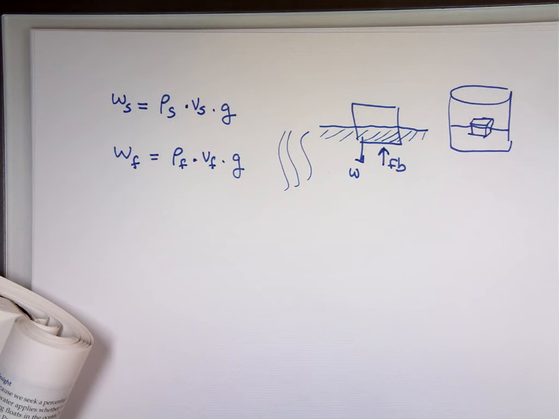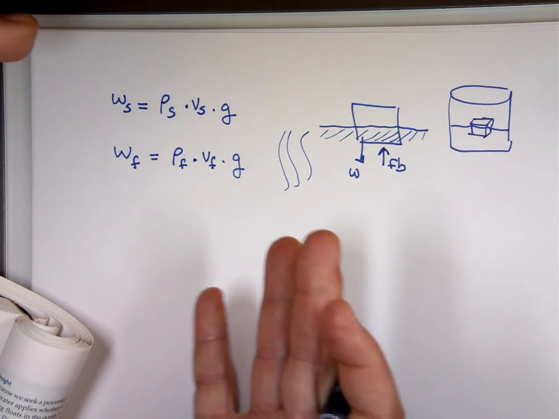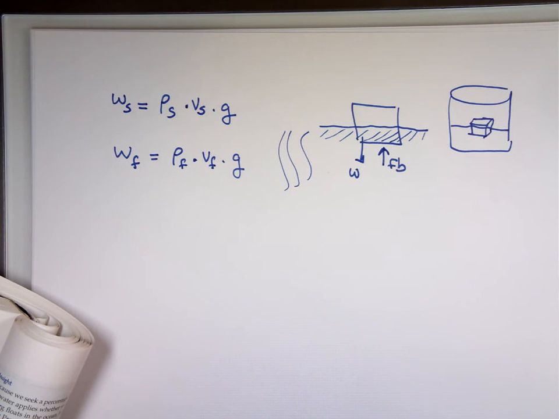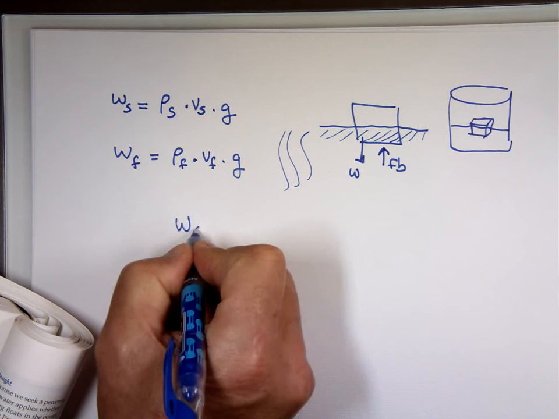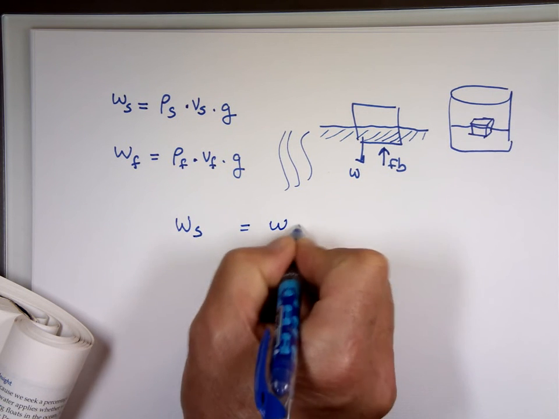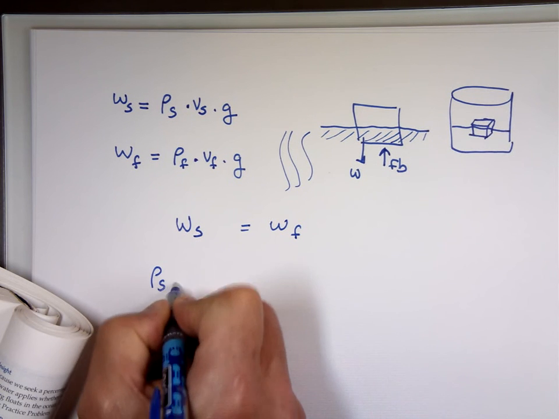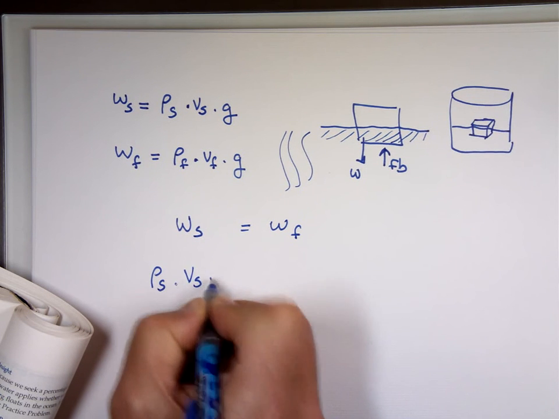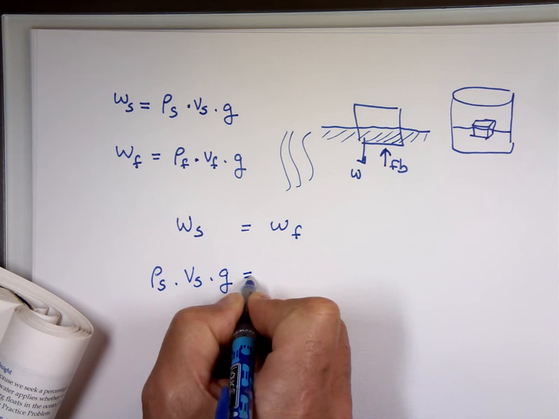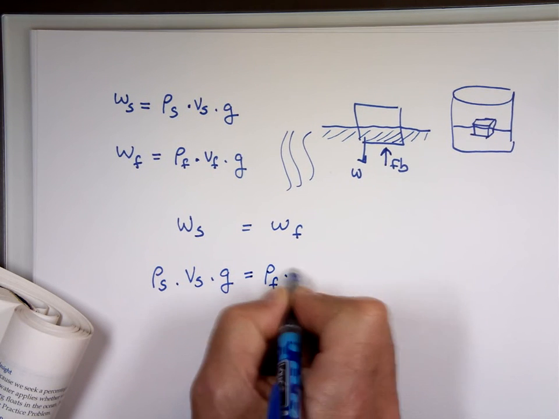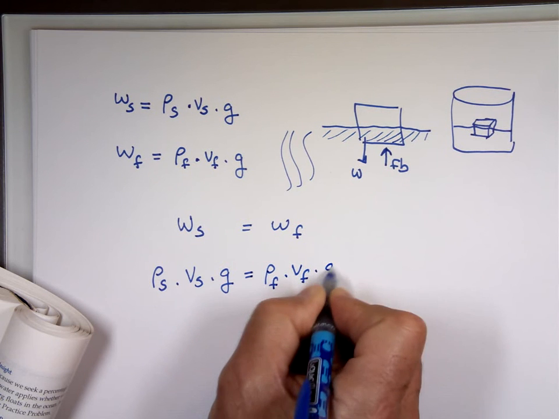Well, for something to float like this, these two forces must be equal to each other. So rho S times the volume of S times gravity equals rho of the fluid times the volume of the fluid times G. Since G is on both sides, we can cancel that out.